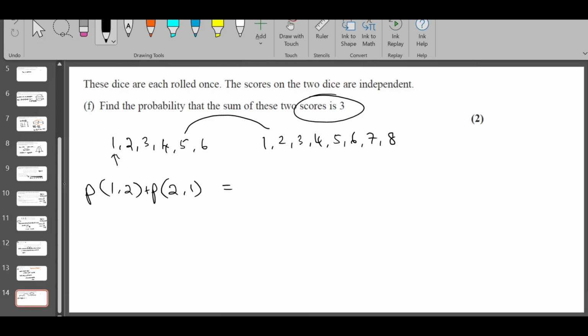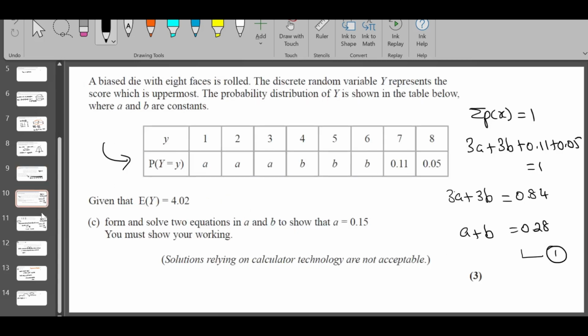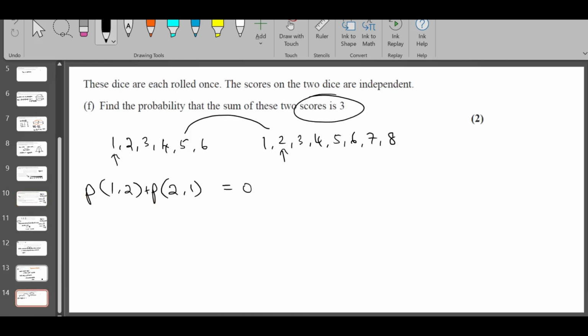Take the probability of 1 here, 2 here for the first one. So probability of 1 is 0.1. Probability of 2 is A, which is 0.15. So 0.1 times 0.15 plus. Now take the probability of 2 here, probability of 1 here.